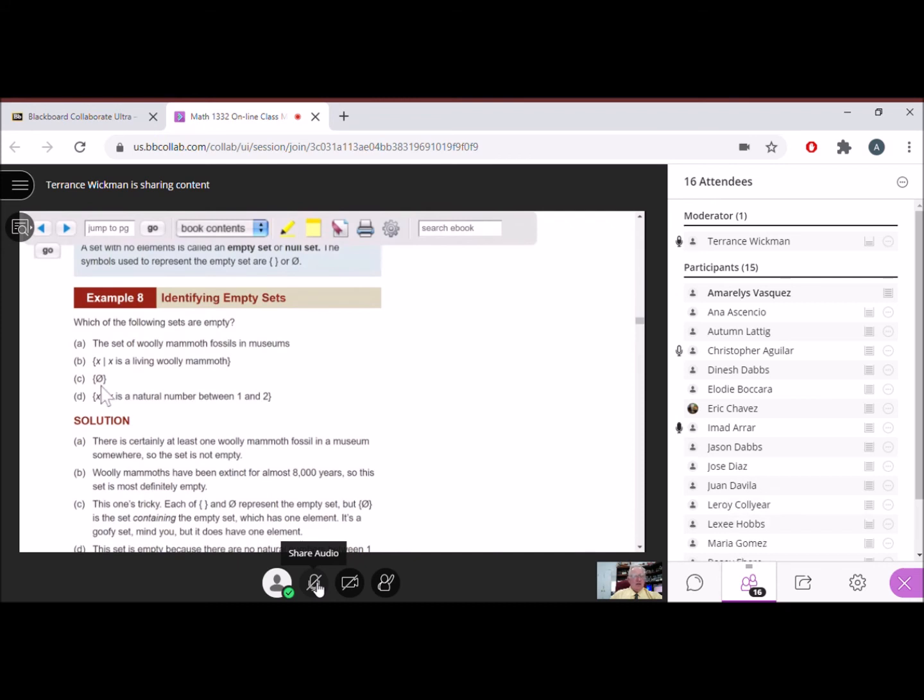This one here is not an empty set. It has this in it. So it's a goofy set, and it has the element that's in it. Remember, the empty set has nothing in it like this one above.